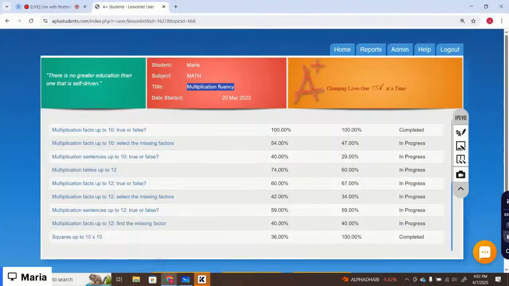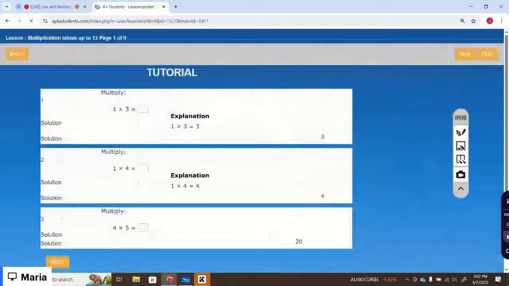Here I'm on grade 3 math, the chapter we're on right now, multiplication fluency. Let's just start with the lesson that is multiplication tables up to 12. Multiply 1 times 3.